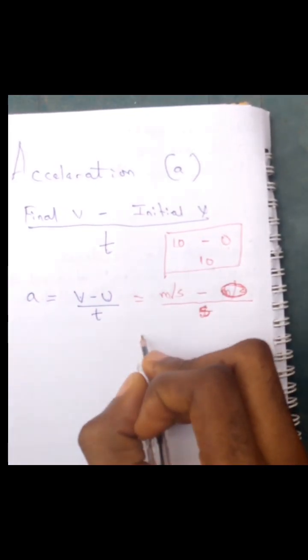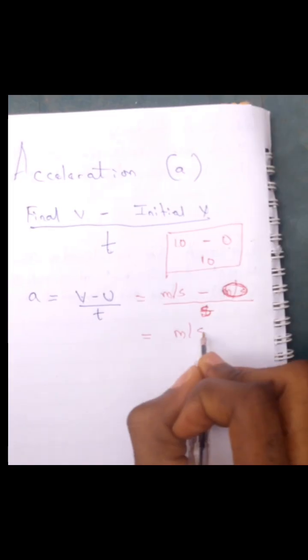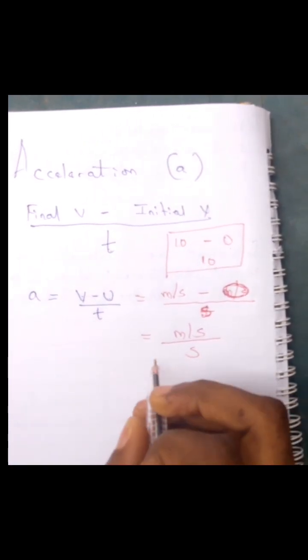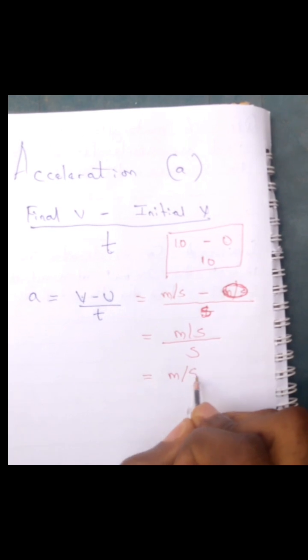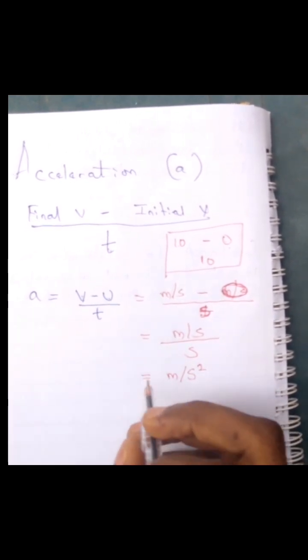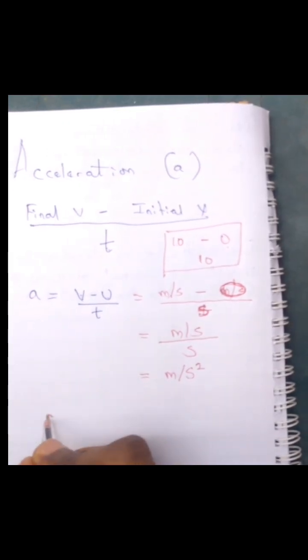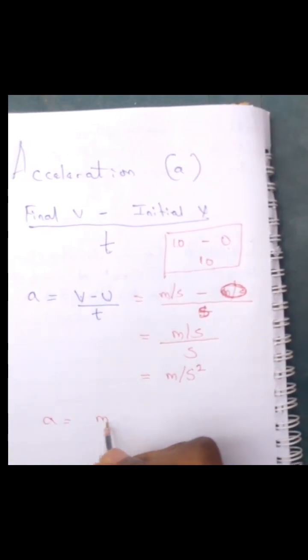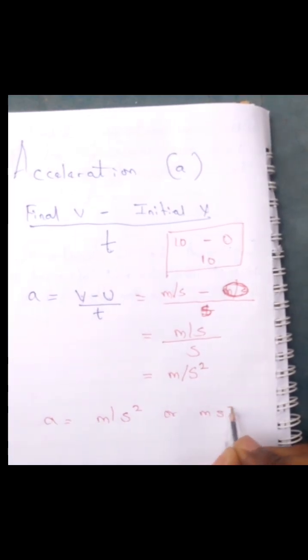10. So in that scenario, we'll be having this one minus zero remaining meter per second over seconds. So equals meter over seconds squared. So the unit for acceleration is meter per second squared, or meter s to the power minus 2.